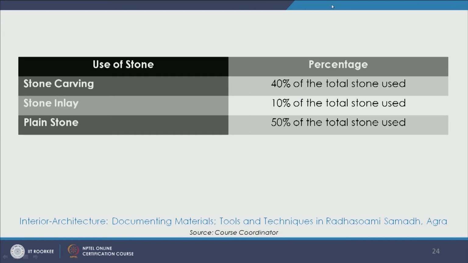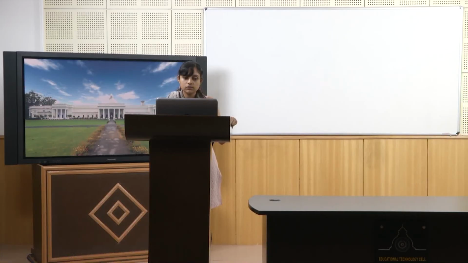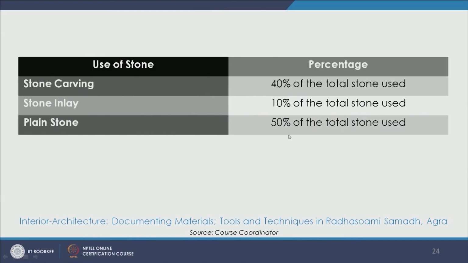And this was a revelation when we did all the documentation, and we discussed in the previous module that 50% of the building has the use of plain stone and the other 50% is extensive use of carving and inlay. So how much is the percentage which is taken up by these techniques, and the skills that go into the making of these elements and the achievement of these techniques.